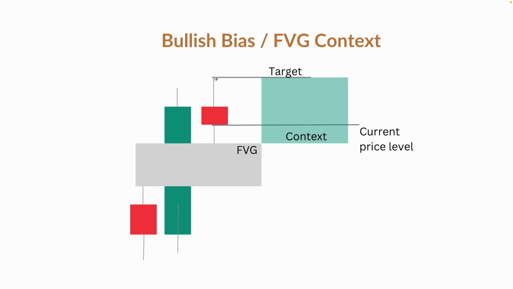We need to understand how time frame alignment is done for finding bias, finding context, and taking an entry, which we will see in the next chapter. This is the current level. From this level, price can retrace to this fair value gap and then try to reach this target, because our original bias is bullish.